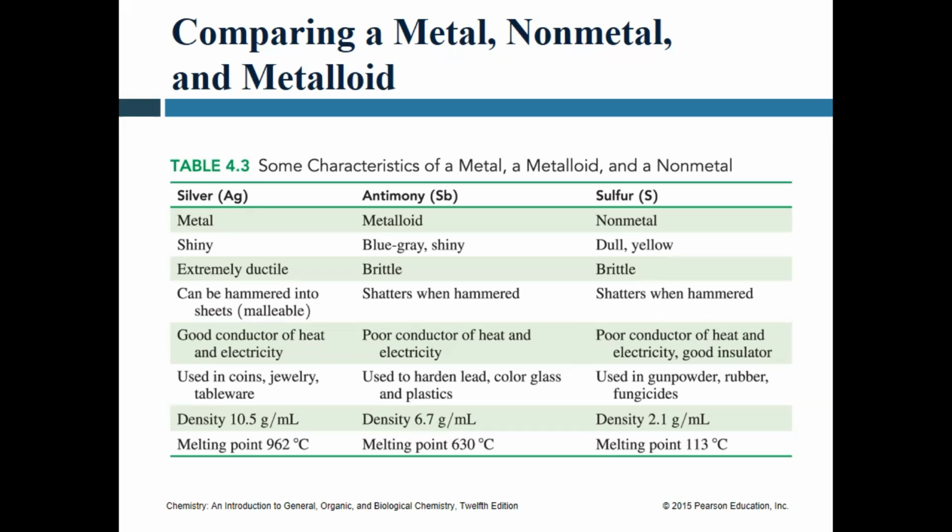So this chart kind of looks at, can I compare all three against each other? Metal versus non-metal versus metalloid. And what we see is that there are properties in the metalloid that are metallic and non-metallic.